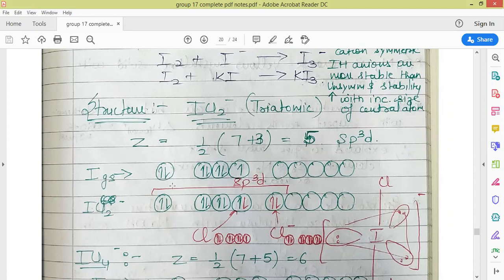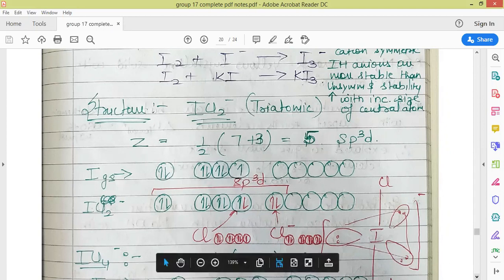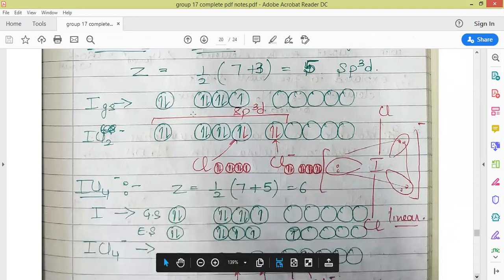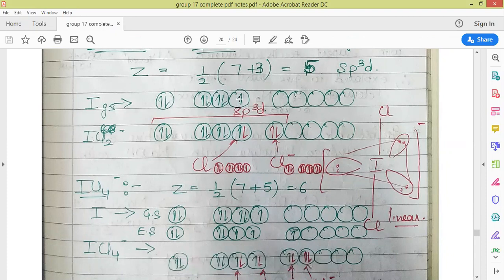Here this iodine is having 7 electrons in the outermost shell, with 1 unpaired electron, and it is going to react in its ground state.